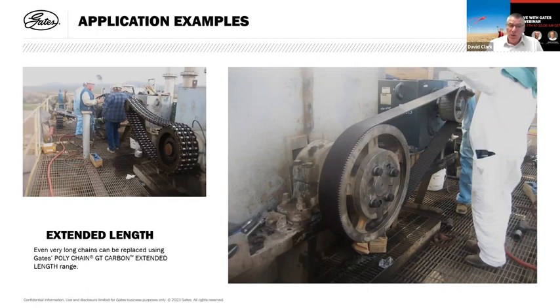Also, when you maintain this drive, you have to get someone up to it. So one of the advantages of changing to a belt drive is that the belt itself is significantly lighter than the chain, and it's zero maintenance, so you eliminate all the high-maintenance work of going up and down to that platform.